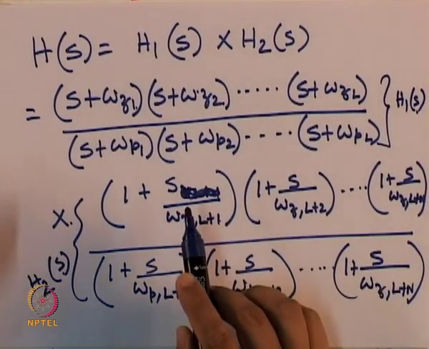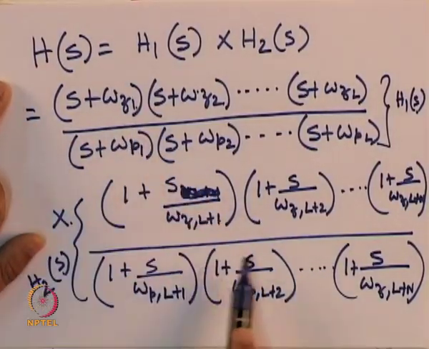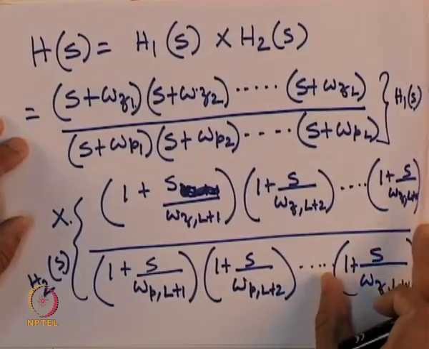Of course, final values will depend on how carefully we choose the values of the omega z's and the omega p's. How can we find out the values of these poles, by the way?